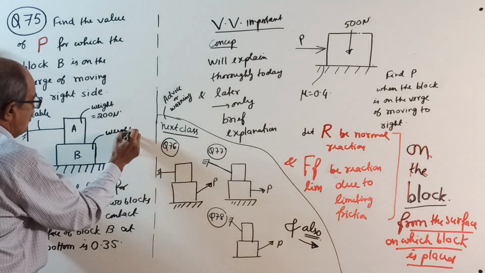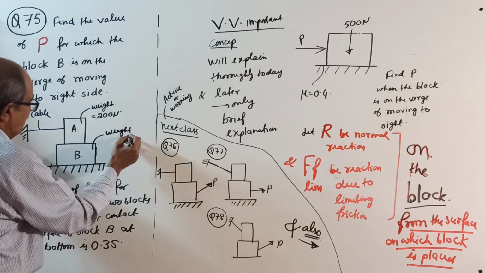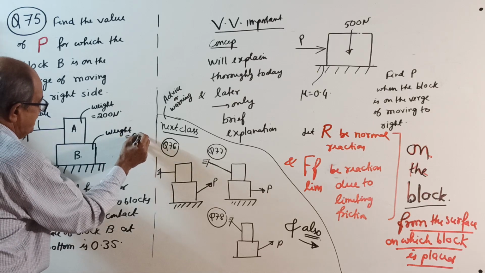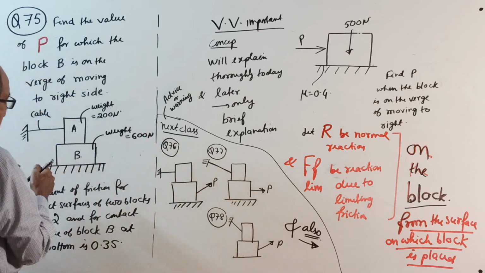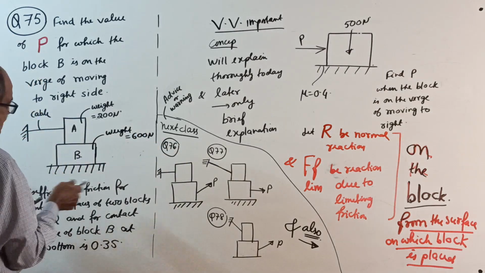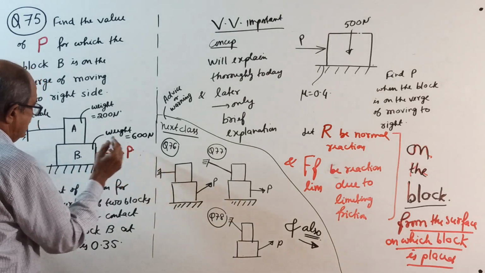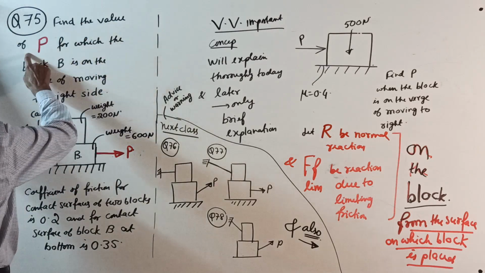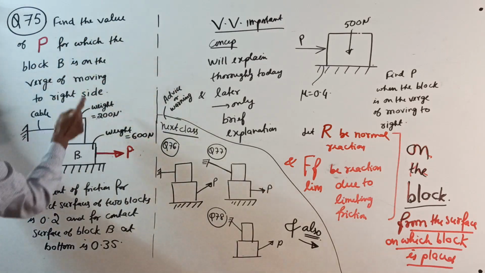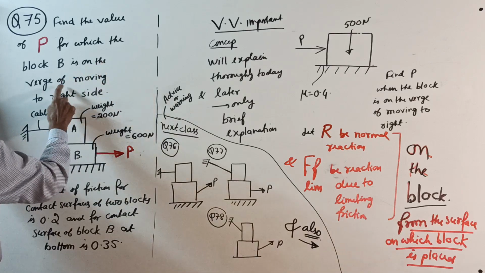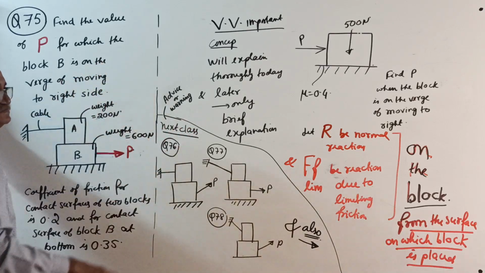Weight equal to, I forgot what weight I wrote here. Okay, 600 Newton, most probably. Horizontal P. Find the value of P for which the block B is on the verge of moving to the right side.